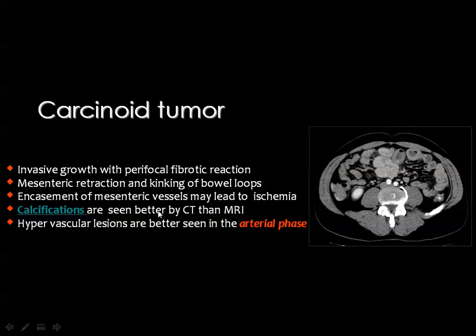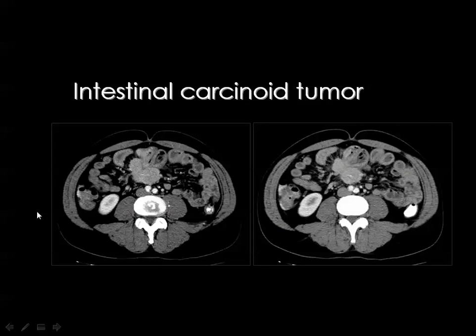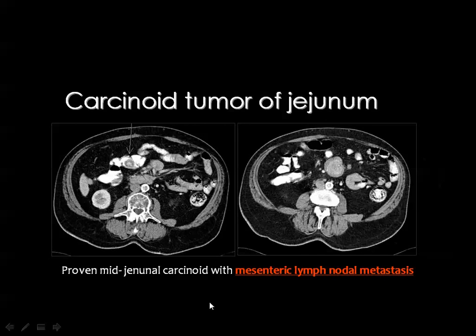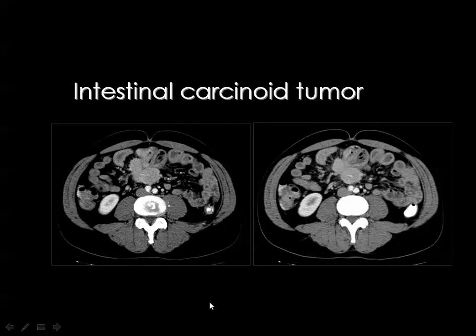Calcium can be seen in these particular types of the tumors, which are hypervascular and best appreciated in the arterial phase. And this is also a case of intestinal carcinoid tumor showing a mass which is related to the intestinal loops with relative thickening of the mesenteric fat planes, and you may say that there are some retraction or kinking maybe in the small bowel.